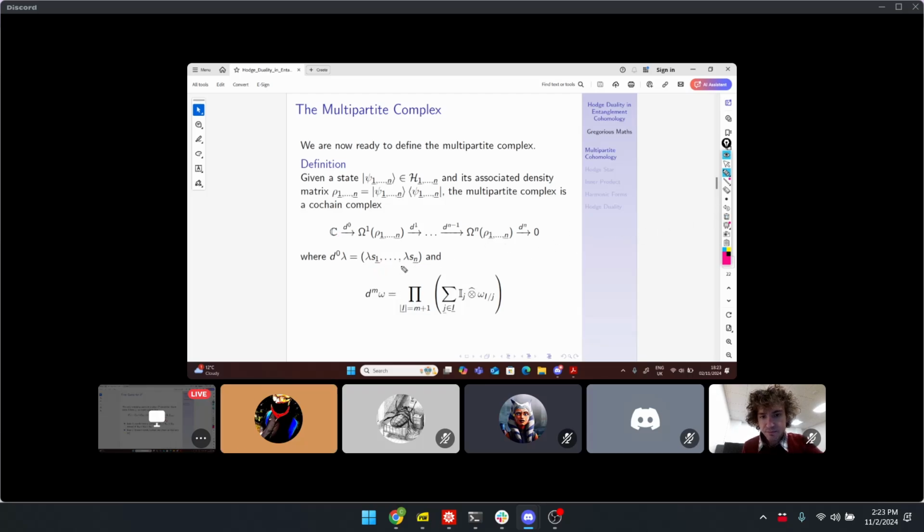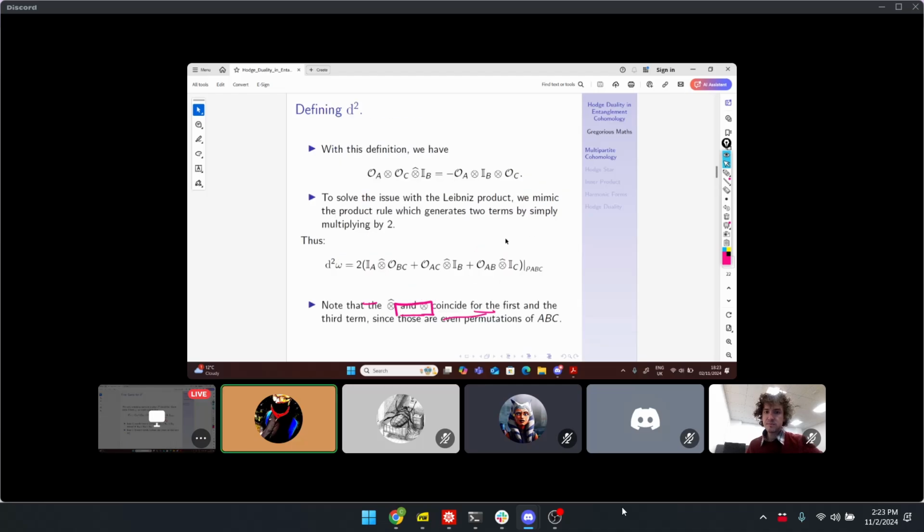And now dm is this weird thing where dm sends us to a Cartesian product over all of the subsystems of length m plus 1 of this thing.